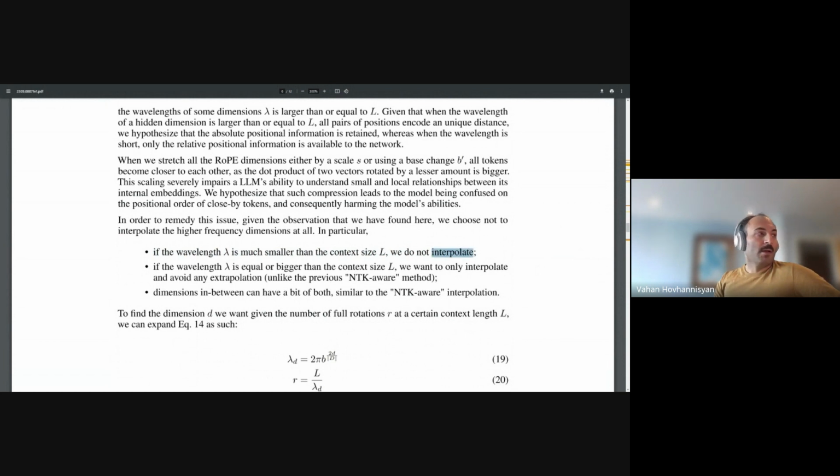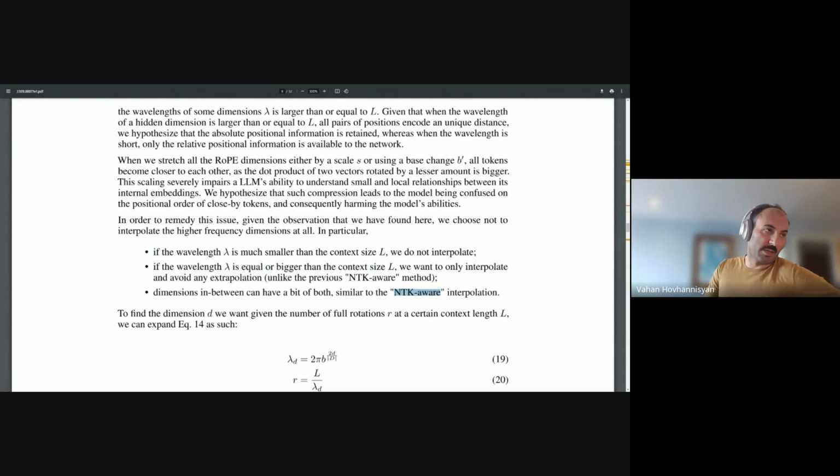If the wavelength is equal or larger than the context size, then we only interpolate, and we don't do any extrapolation. And then if lambda is smaller than the context size, but not much smaller, just slightly less, then we do both. This is what the NTK-aware interpolations do also.